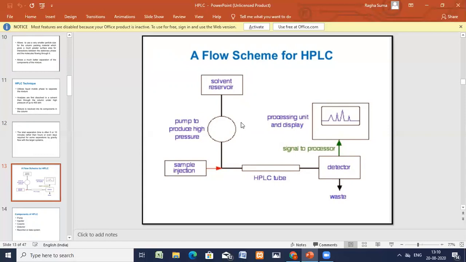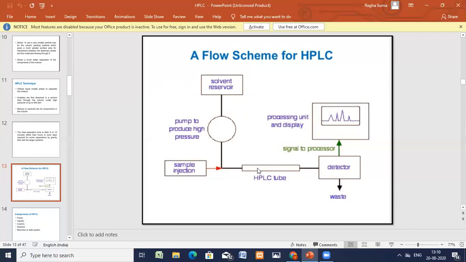HPLC and conventional liquid column chromatography do not differ fundamentally in basic physicochemical principle. High rate of mass transfer and high rate of equilibration of the solute between the phases are achieved in HPLC using column packing materials with small sized particles.